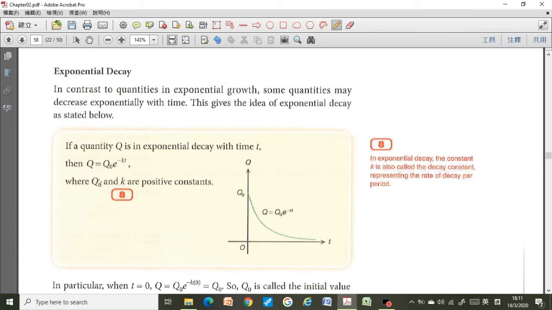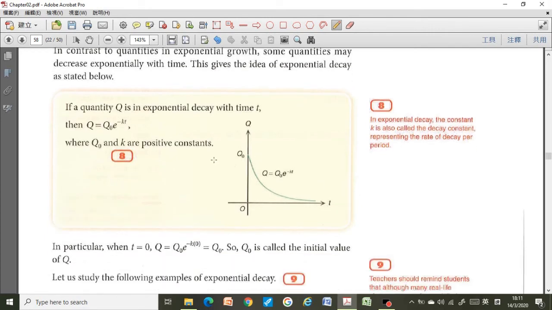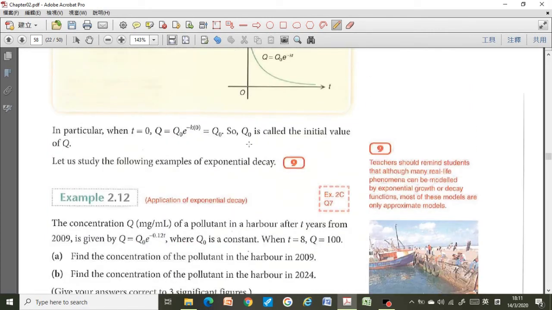Both k and Q naught are still positive, but there's a minus sign, so it indicates a decrease. Decrease will be like this. And Q naught is also called the initial value when t equals 0.